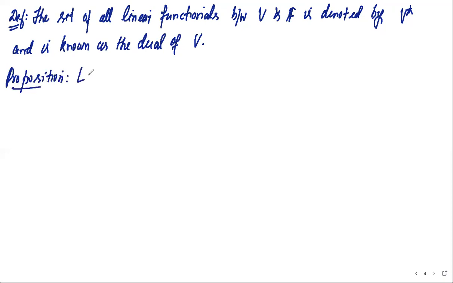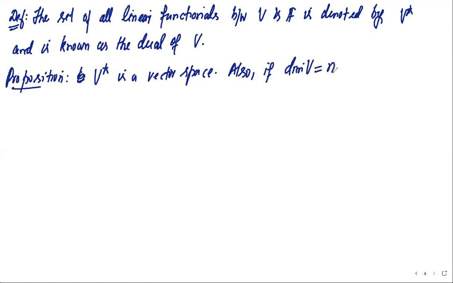V star is a vector space. Also, if the dimension of V is equal to n, then the dimension of V star is also equal to n.